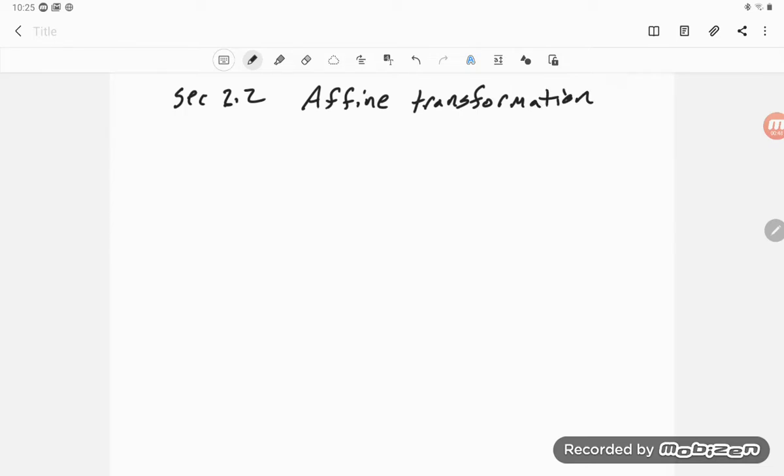And in an affine transformation, for us, what that's going to be is that our transformation T from R^n to R^m is going to have a linear transformation, so T of x.